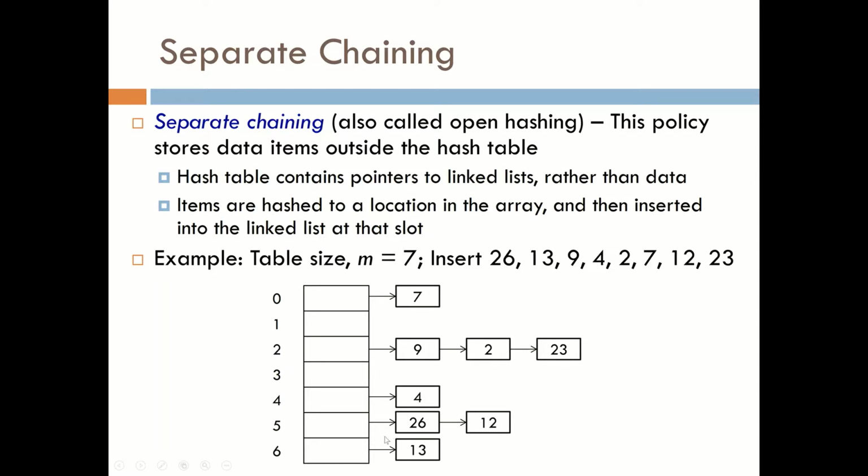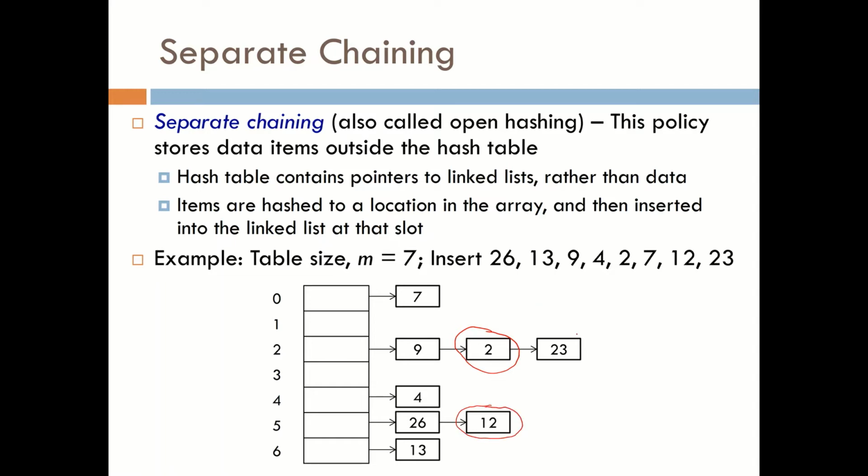For instance, the value 2 is a collision, and it clashed with 9. And then the value 12 was also a collision. And so those reside in the same location.